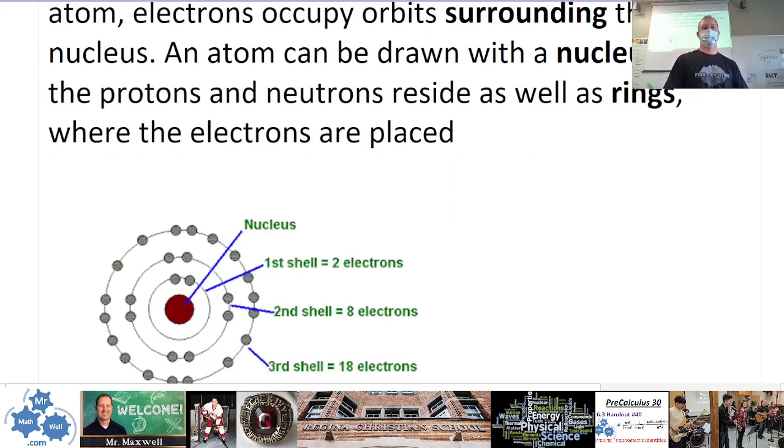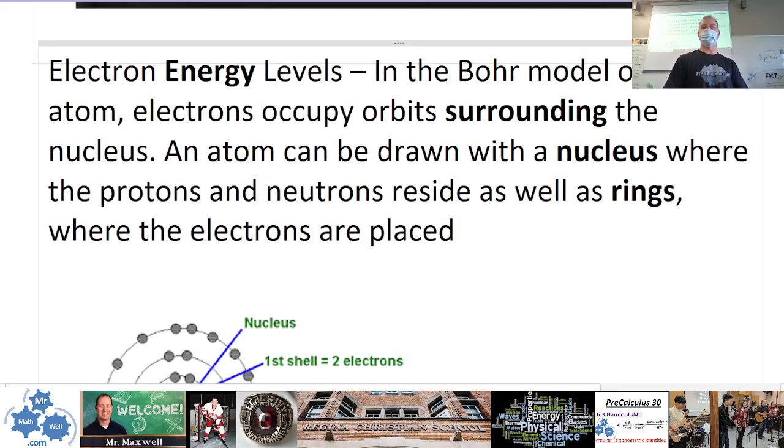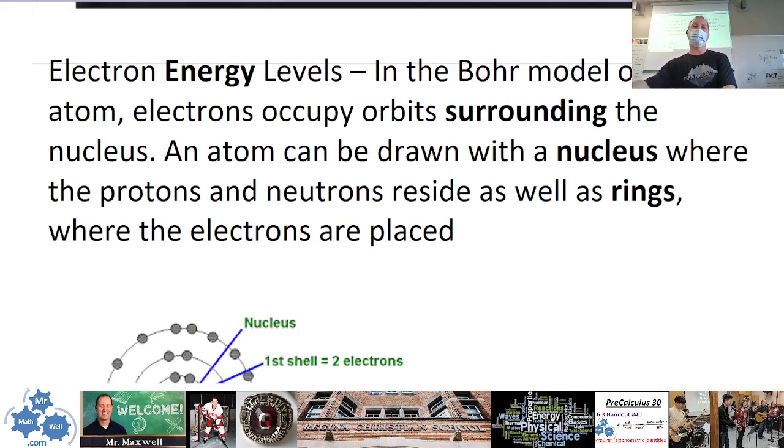Anyways, okay, electron energy levels. Now we know a little bit about this from the Bohr diagrams. So let's complete our notes here. Electron energy levels in the Bohr model. That's the one with the rings that we did that little assignment on. Electrons occupy orbits surrounding the nucleus.